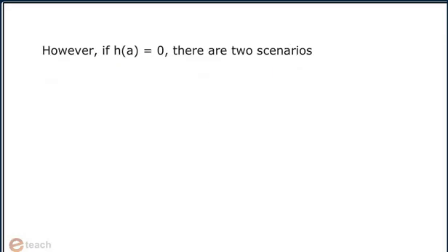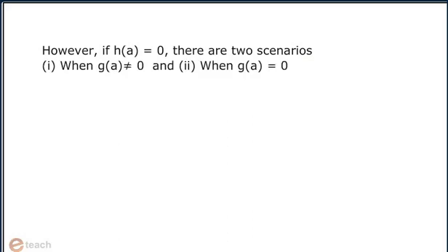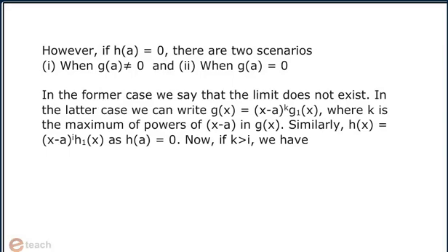However, if h(a) equals 0, there are two scenarios. First, when g(a) not equal to 0, and second, when g(a) equals 0. In the former case, we say that the limit does not exist.